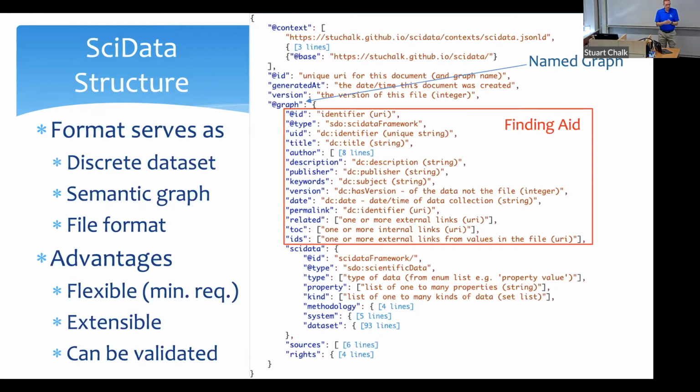Each individual JSON-LD document is a discrete data set. So the data and the descriptive metadata go in the same file. We have different sections set up. Things like SciData, methodology, system, data set, and so on are specifically defined in the SciData ontology, so that when we convert this structure into its equivalent triples, there is something in that set of triples that specifically talks to the sources of where this information came from, or where the methodology data resides.